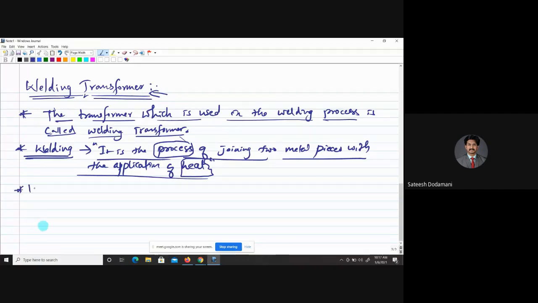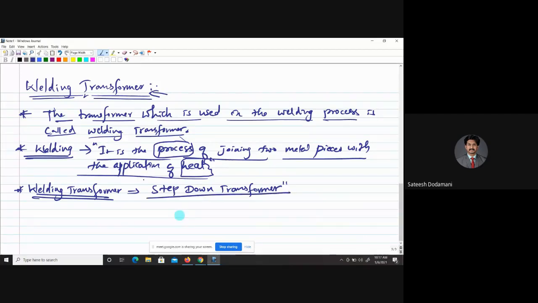Now basically this welding transformer is a step down transformer. Now I will ask why, in the welding transformer, specifically a step down transformer is used.